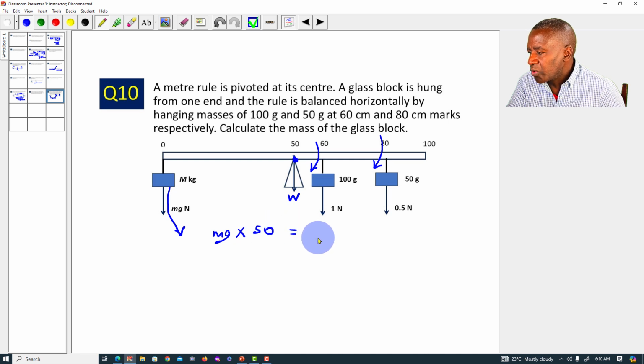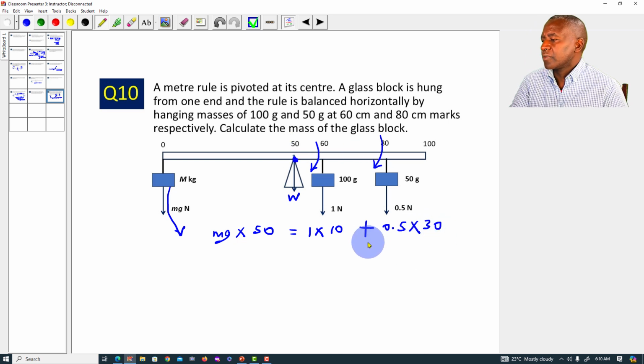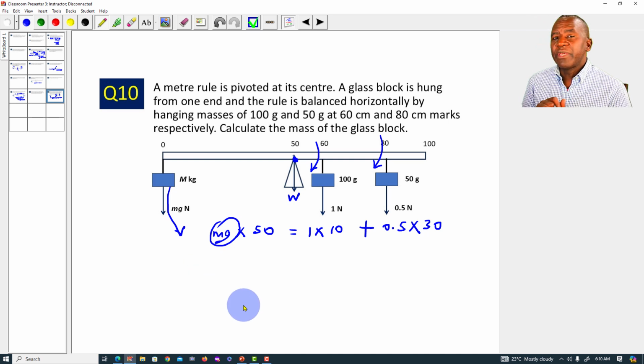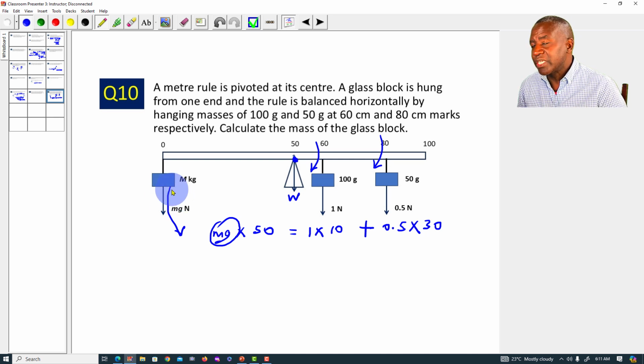It's going to be equal to 1 Newton times how far it is from the 50 centimeter mark, and that will be 10, plus 0.5 times how far it is from here, and that will be 30. Now, at this point, you can go ahead and work out the mg, which is the weight of the glass block.